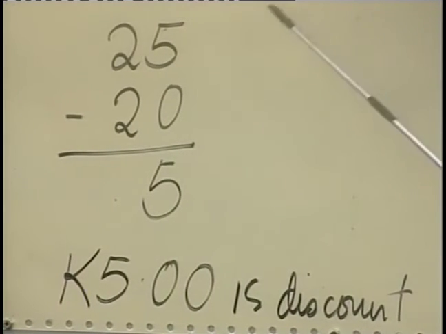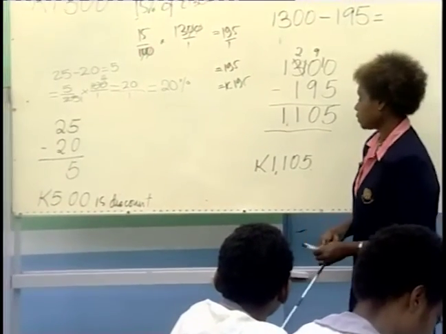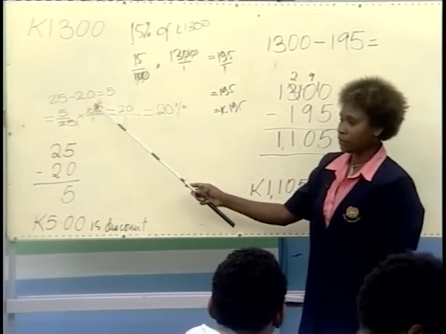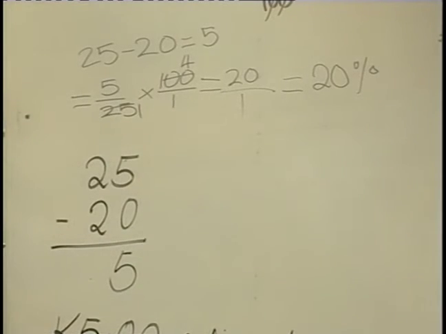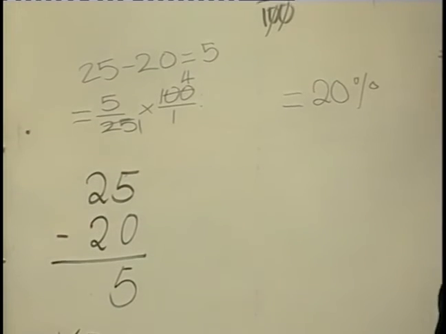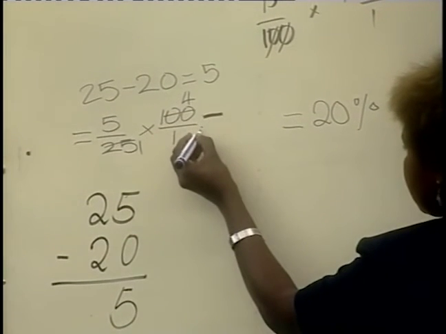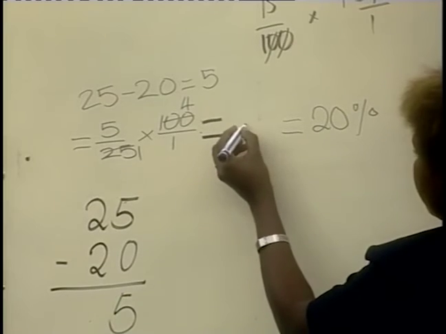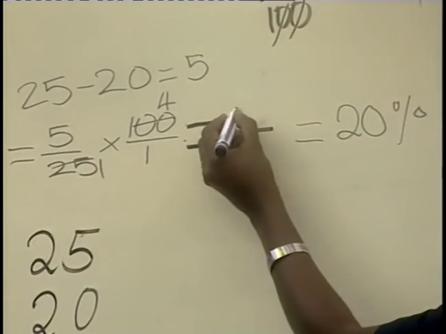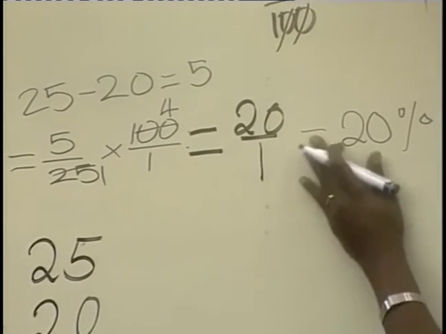They also went ahead working out the percentage. The percentage discount, 5 over 25 times 100 over 1. Be reminded, we have the equal sign in line with the fraction bar. They have cancelled down by 25. And their final answer is 20 over 1.